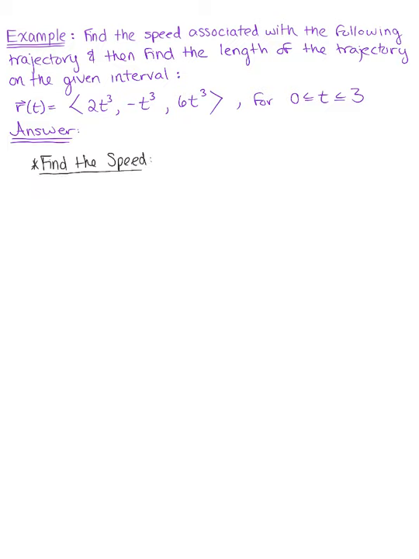So let's quickly recall that our speed is defined as the magnitude of the velocity vector, right? Or in other words, the magnitude of our tangent vector. So we'll need to differentiate this given trajectory and then find its magnitude.